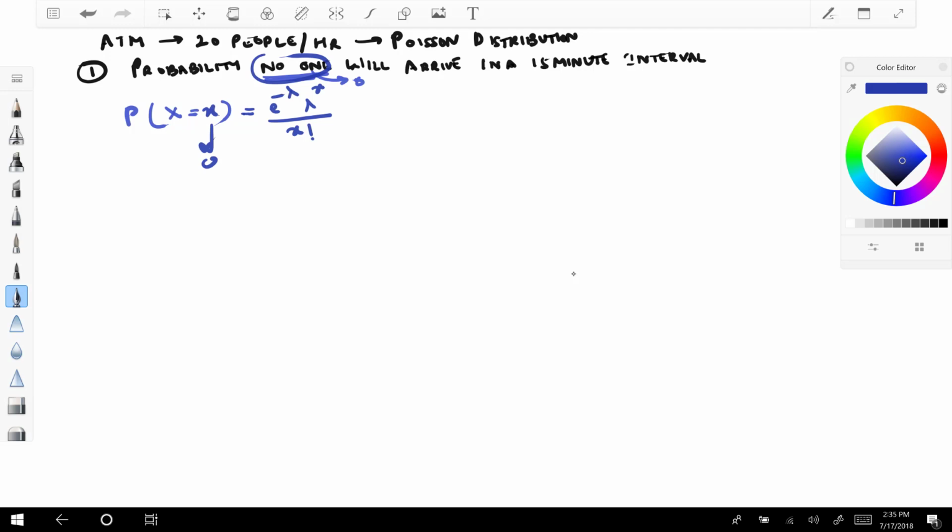So we can substitute x as 0, and we know e is equal to 2.71828. Now we need lambda.